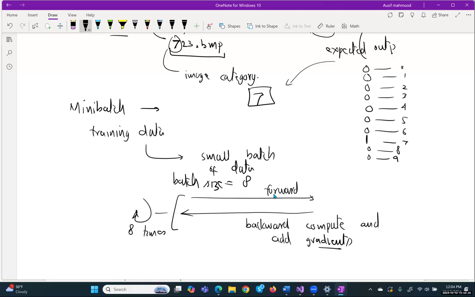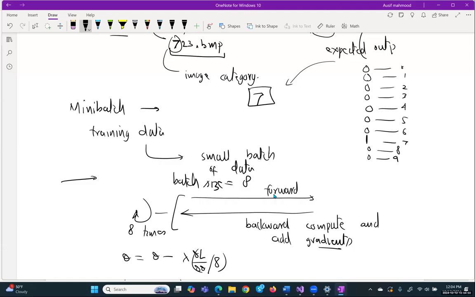And then when we do the update, at that time, we'll divide it by 8 because we want to do the update on the average of the 8 gradients that we have accumulated.